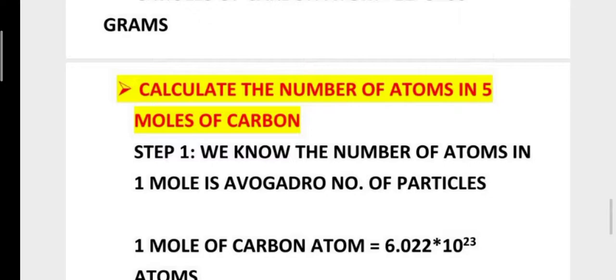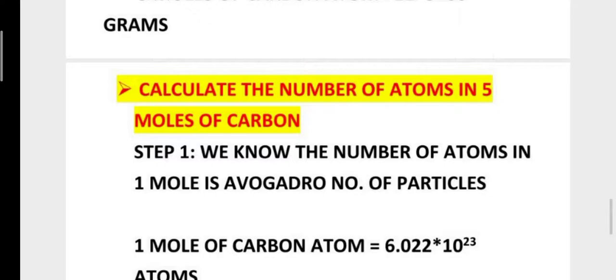A mole of molecules will have 6.022 into 10 to the power of 23 molecules. That is why we said a mole always has a fixed number of particles. That is Avogadro number of particles.